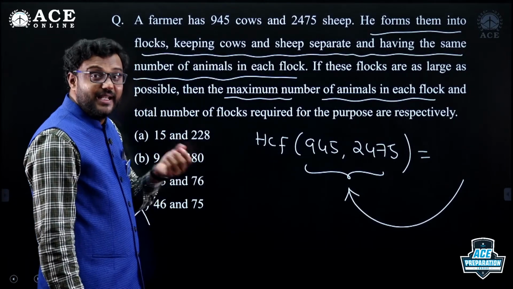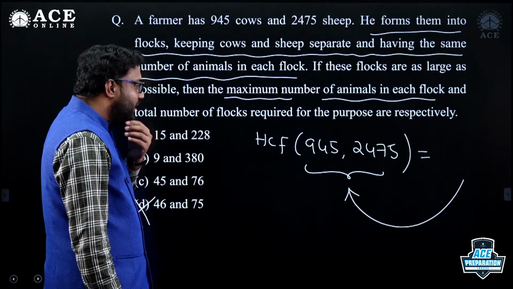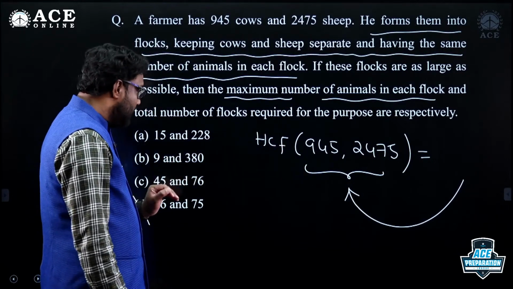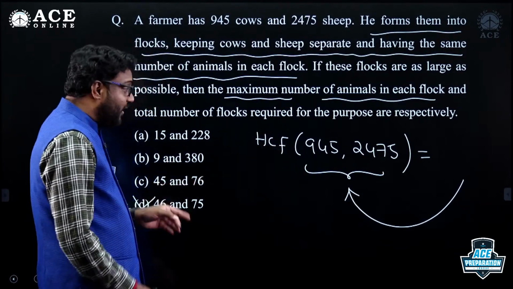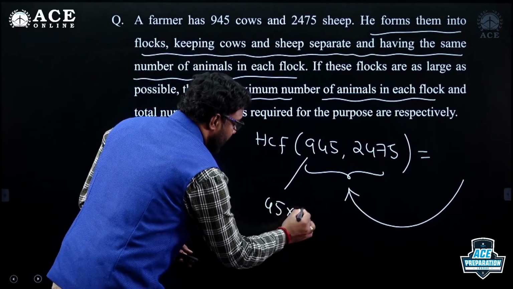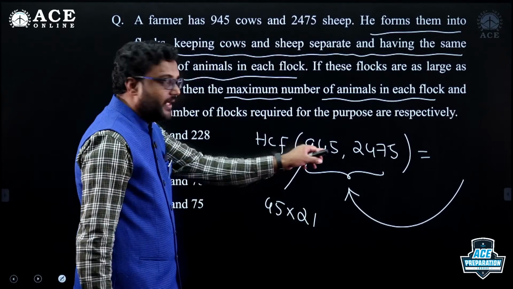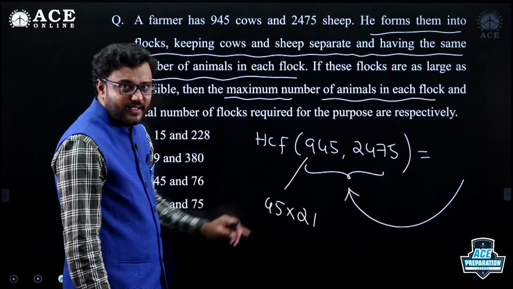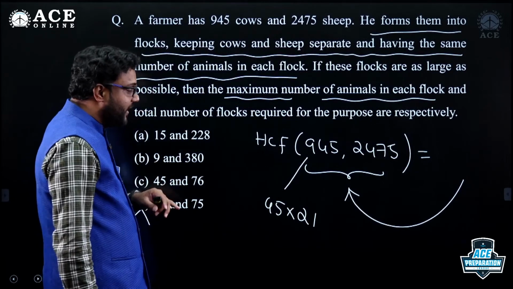And you want the highest number, right? So yes, 945 divided by 9 is 105 times. 945 divided by 45 also, 45 into 21 times. 20 times 45 is 900, and one more 45 will cancel. 15 also divides that; when it is divided by 45, it's divided by 15 as well.